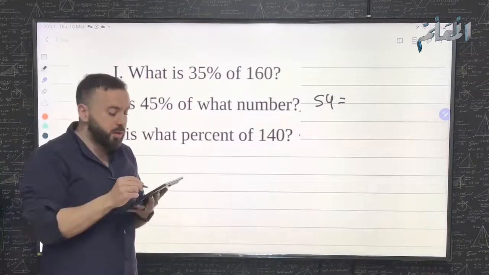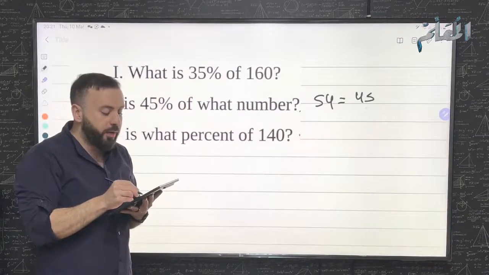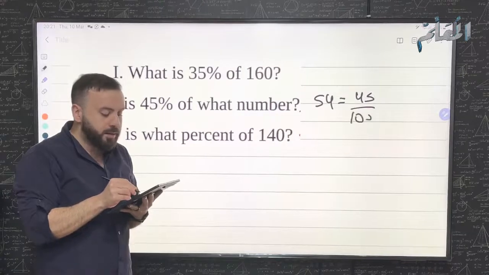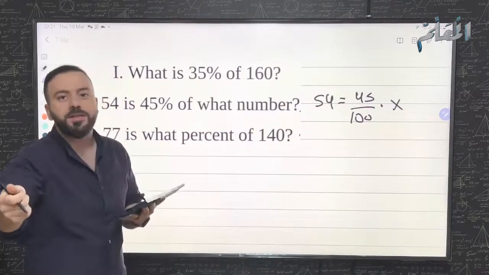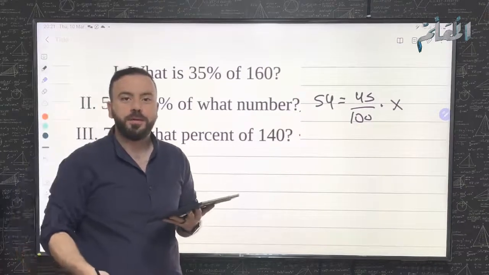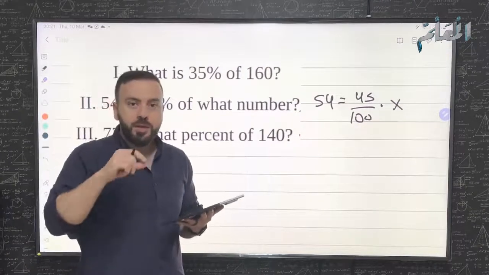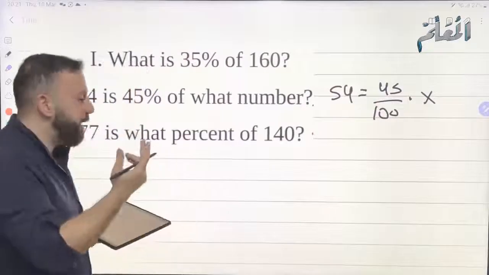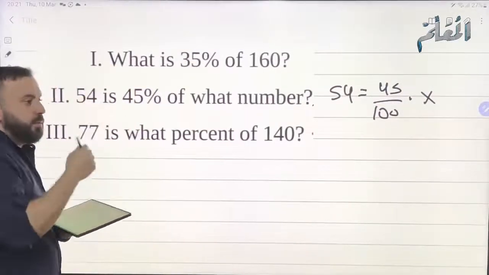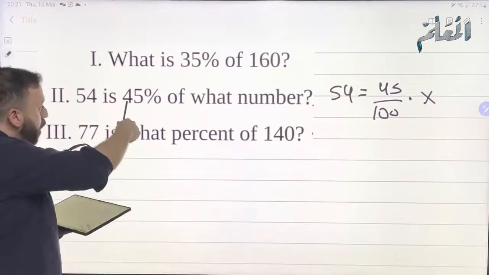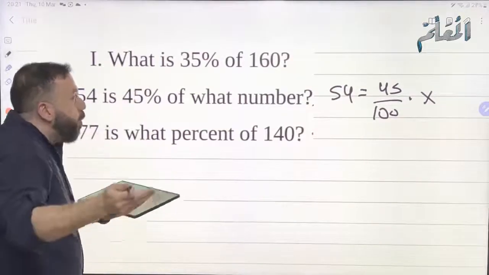What number? So it's going to be 45/100 times x equals 54. Is that the question? Yes. 54 means equal 45% of what number?